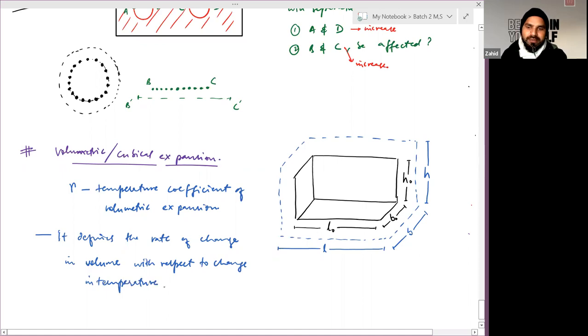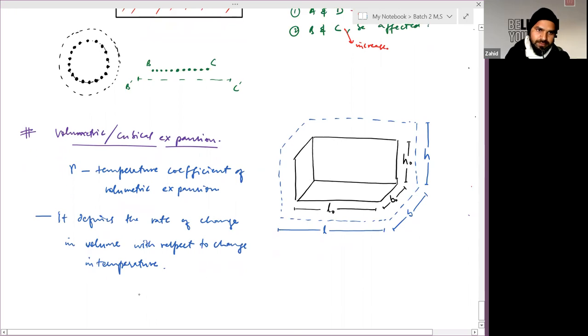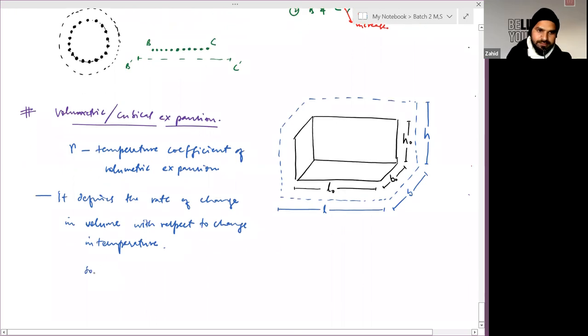So we may write gamma equals the fractional change in volume to the change in temperature. This term is the fractional change in volume and delta T is the change in temperature.